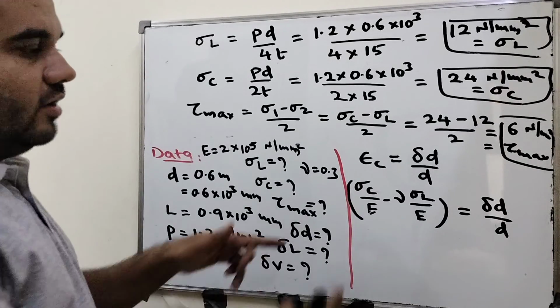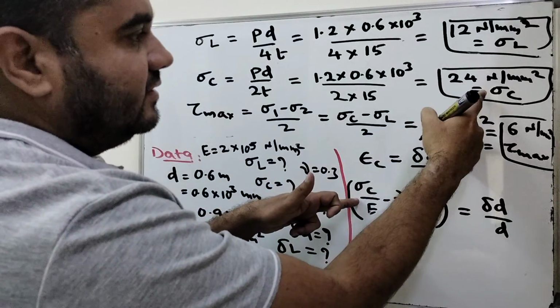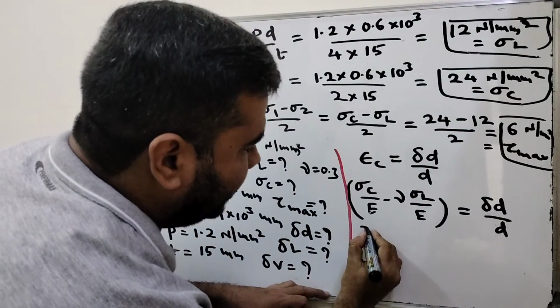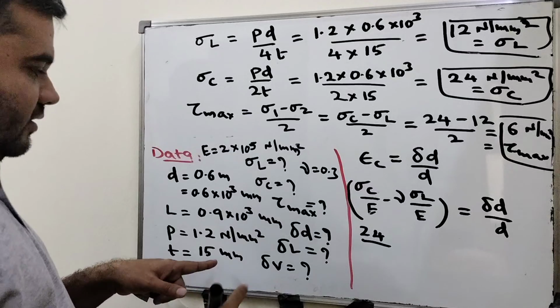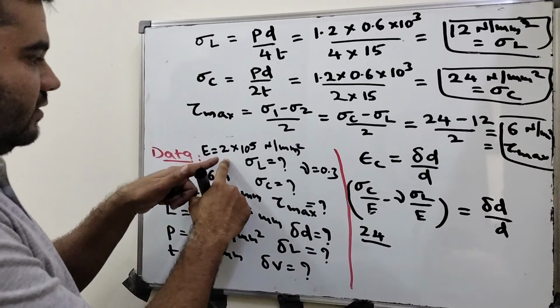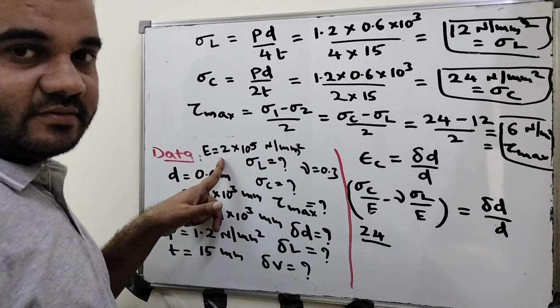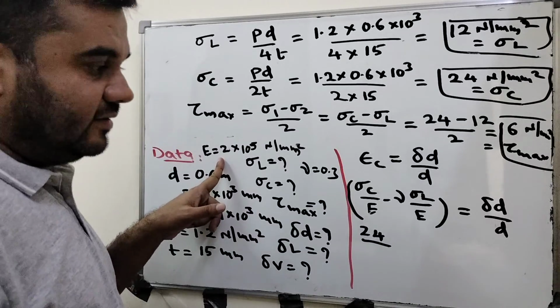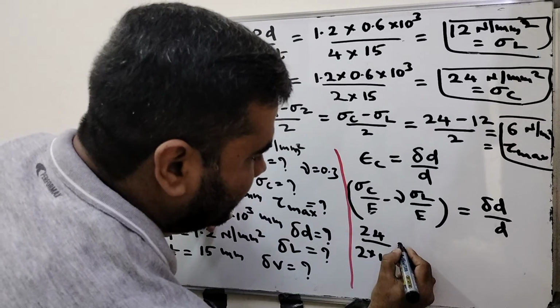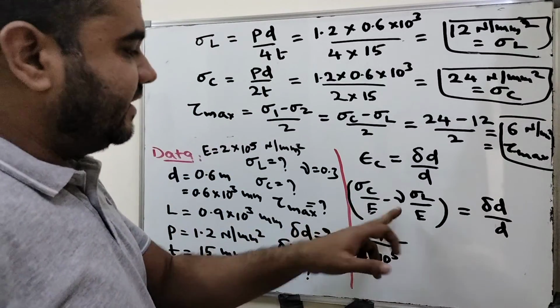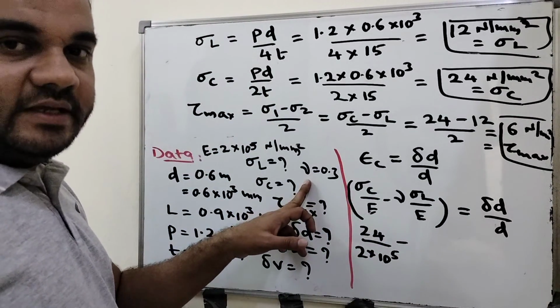Now you know the circumferential stress is 24, so 24 divided by Young's modulus. How much is given here? E equals 2 into 10 raised to 5 Newton per mm square, given in the problem, right? So substitute 2 into 10 raised to 5 Newton per mm square, minus nu, the Poisson's ratio, given as 0.3 in the data.